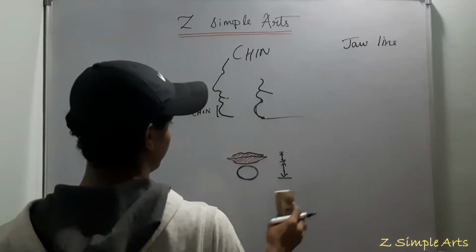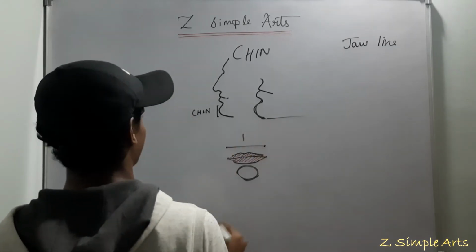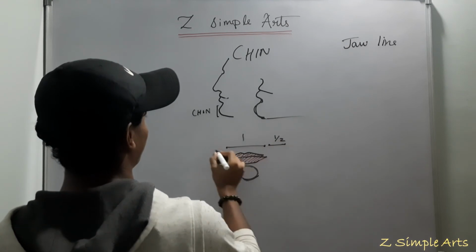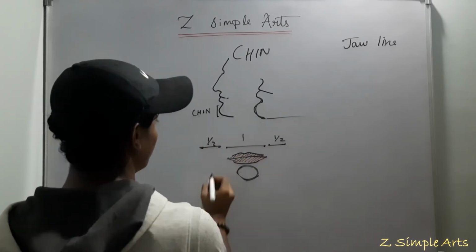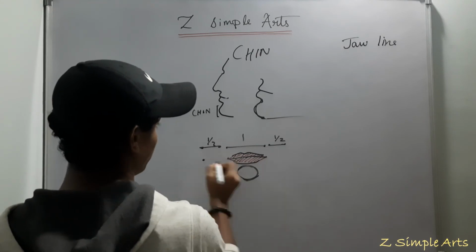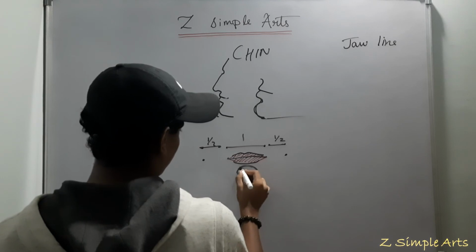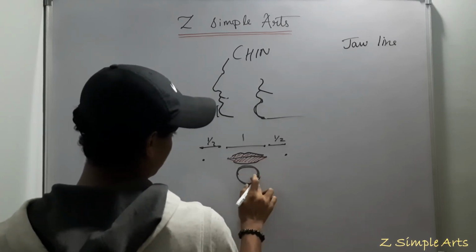Then the next thing which you're gonna do is, if the lip is of this size, consider it 1, then half a unit away on either side, on the level of the lip, draw a point, and this end prominent, I'm gonna change it again.